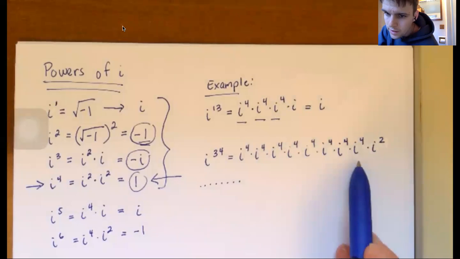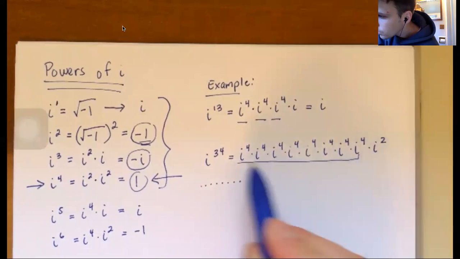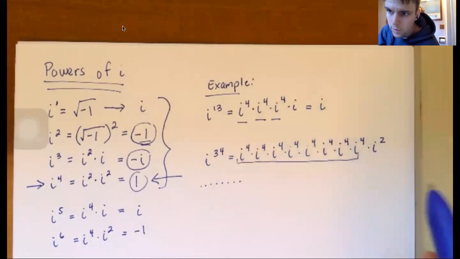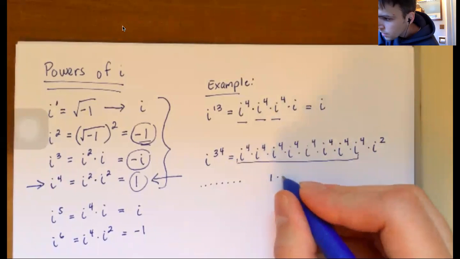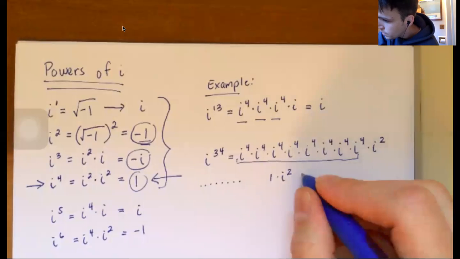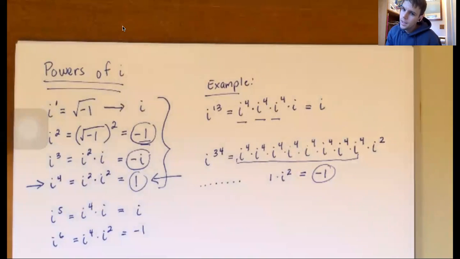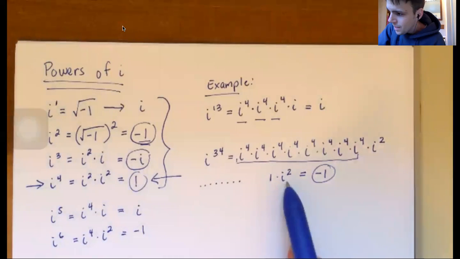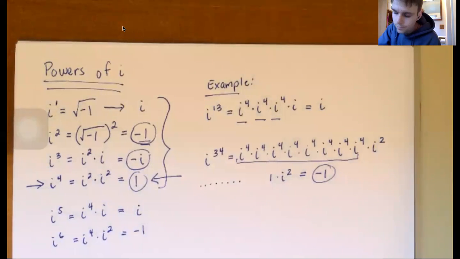All of these are just ones. So all of this is just 1 times 1 times 1 times 1 times 1, 8 of them. We end up just getting 1 times i squared. Multiplying by 1 again doesn't do anything. So we just get that this is equal to -1, because it's going to have the same value as i squared, which we already talked about, equals -1.